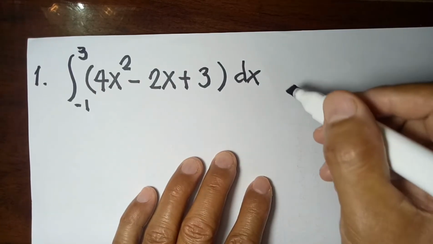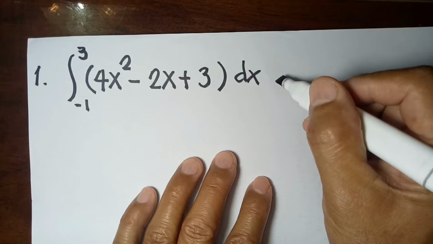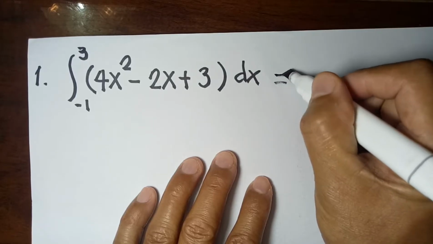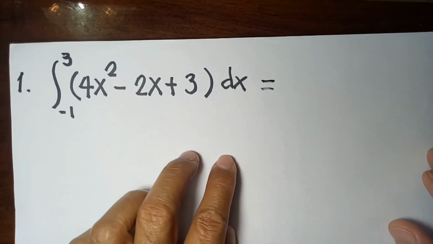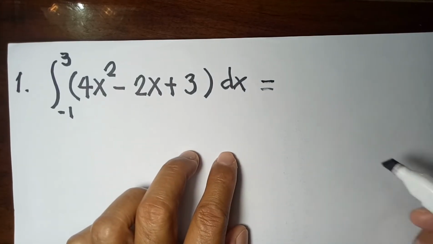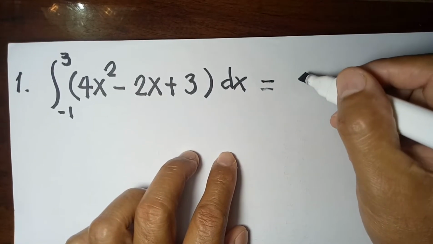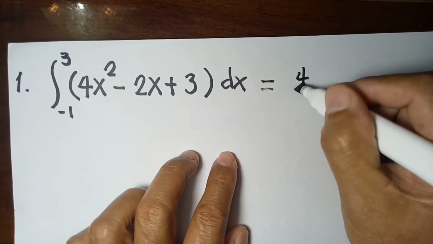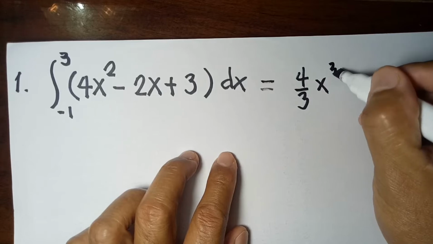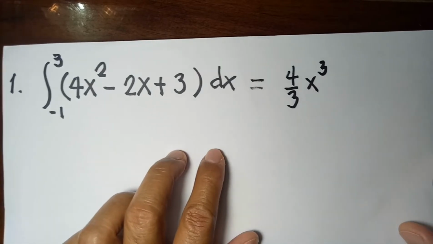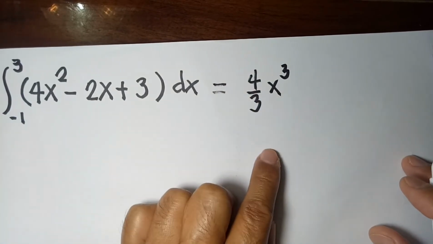So una, i-integrate muna natin yung ating given, ano? So, meron tayong integral of 4x squared ay 4x cubed over 3. Magkakaroon tayo ng 4 over 3 and then x cubed.